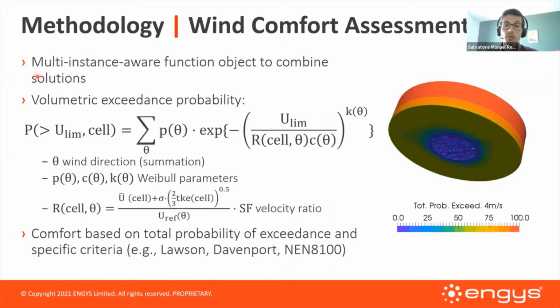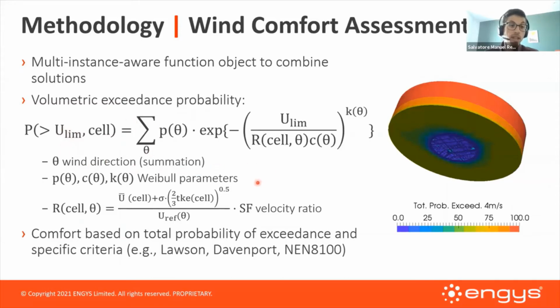Results for multiple wind directions are combined together to generate total probability of exceedance fields and comfort criteria by means of a multi-instance aware function object. The volumetric probability of exceedance is calculated according to this formula. P is the total probability of exceeding the U limit given by the criteria, and there is a sum over all the wind directions.